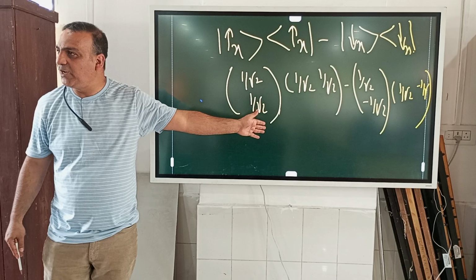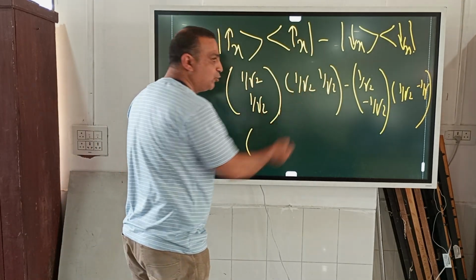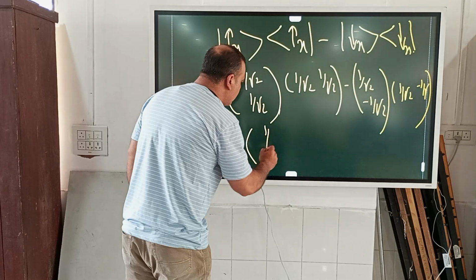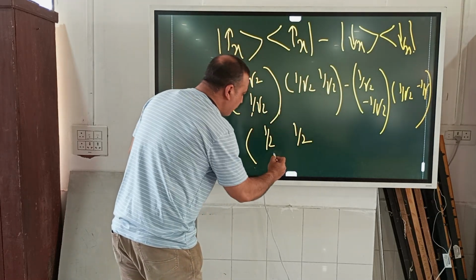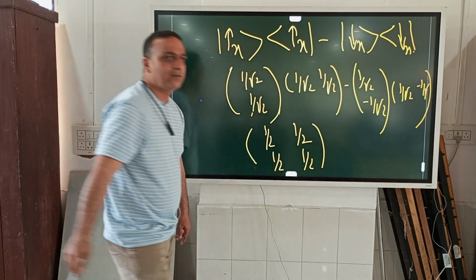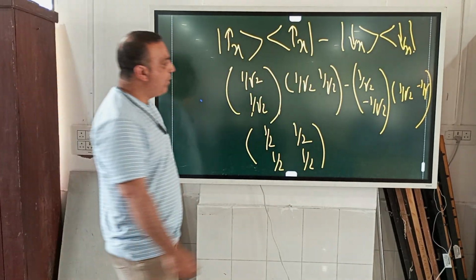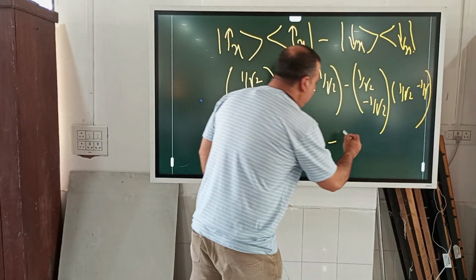Now let's do the matrix multiplication. This will give me 1 by root 2 whole square, that's 1 by 2. Another term will be 1 by 2, another 1 by 2, another 1 by 2. Clear? Then you have minus. Do the same thing here.